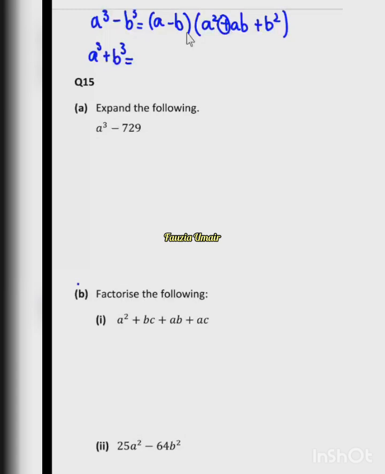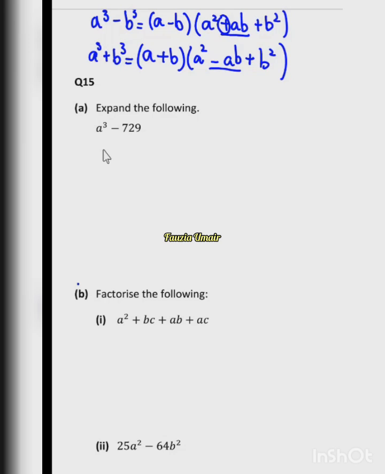The other formula would be a plus b, which makes sense because there is a plus sign between the terms, multiplied with a square minus ab plus b square. This middle term has the reverse sign. You need to memorize these formulas also, so that nothing is unknown for the paper.